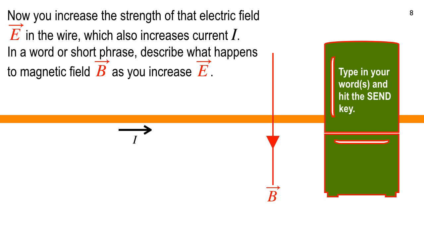10, 9, 8, 7, 6, 5, 4, 3, 2, 1, 0. Okay, there's increased V. I made my E arrow a little bit longer.